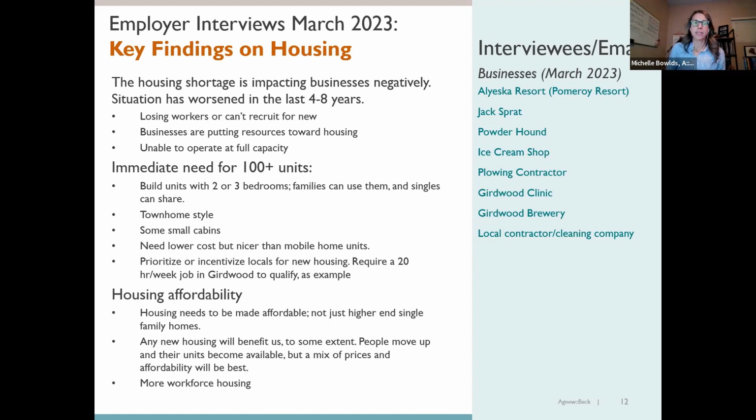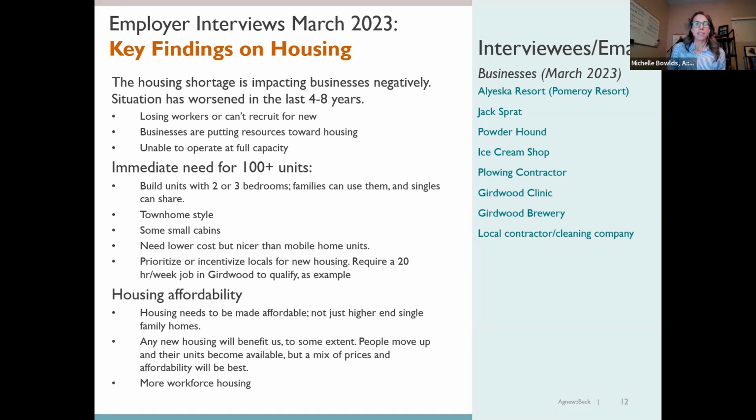And employers expressed that they are losing workers and they also are struggling to recruit new workers. And also we heard that employers are starting to put more resources toward housing because it is a bigger issue. There was an estimated need for at least 100 units based on these interviews with employers.